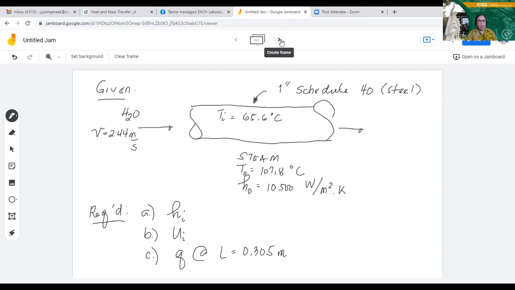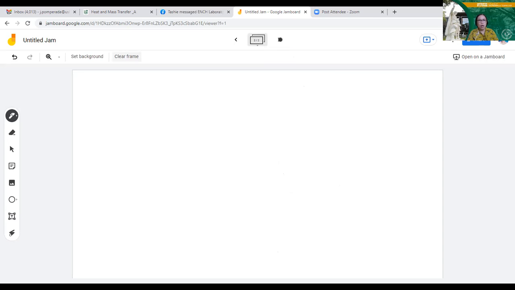Now, if we go to the next page, we can map out our route to the solution. For letter A, we need h_i. As discussed in the previous lesson, h_i is based on a particular dimensionless number, and that number is based upon the flow regime into which your fluid to be heated falls.